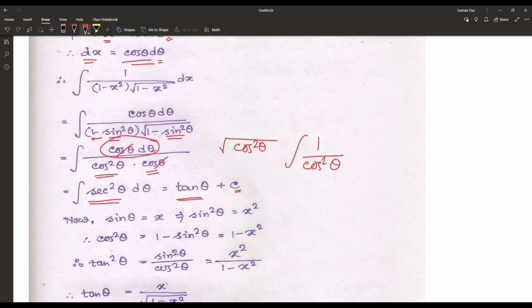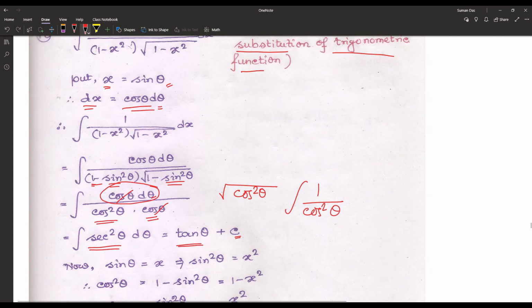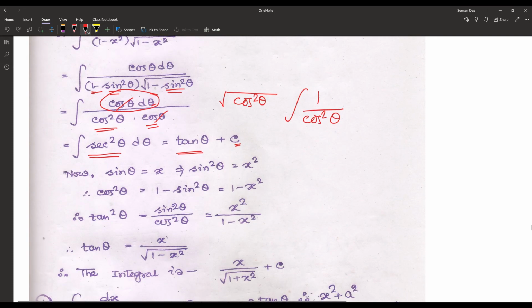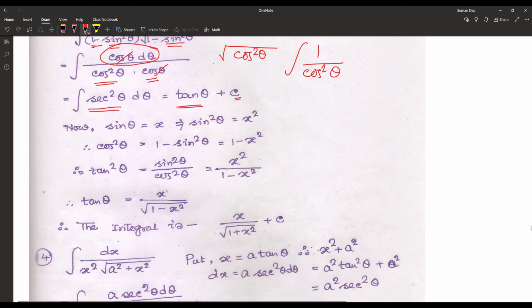Now, considering the substitution, x is equal to sine theta, so we have to express the result in terms of x. Sine theta is equal to x, so sine square theta is equal to x square, squaring both sides. Cos square theta means 1 minus sine square theta, which becomes 1 minus x square.